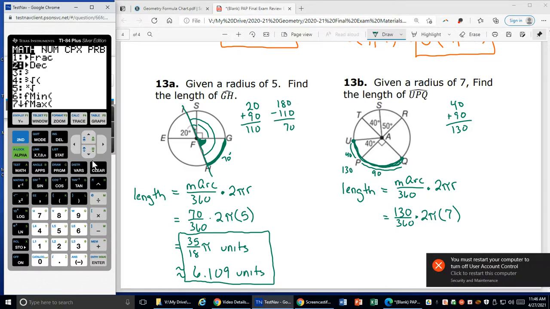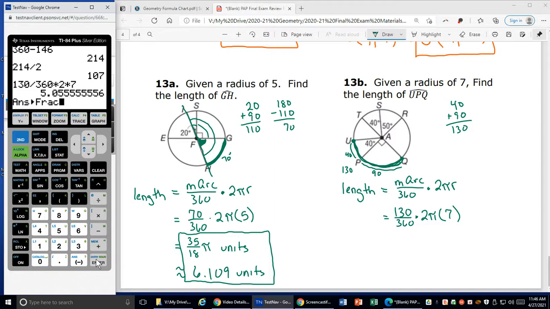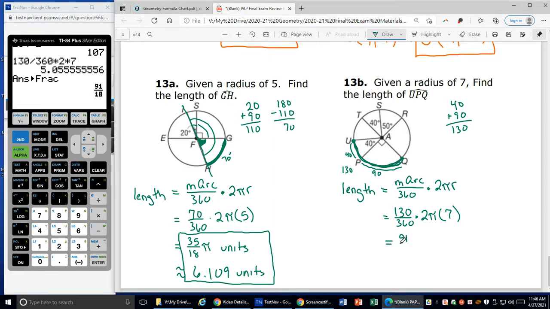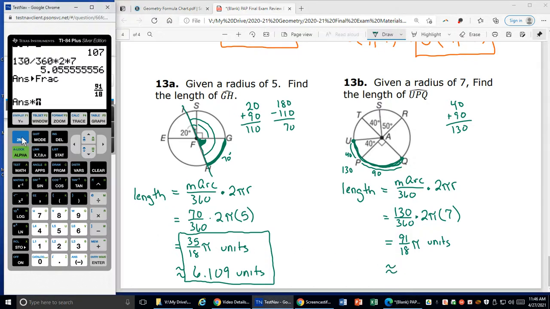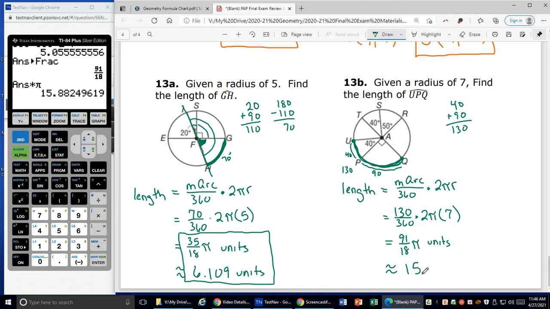Let's make that a fraction: 91 over 18 pi. And I don't know my units, so I'm just going to say units. As a decimal, times pi gives me 15.882 units. There we go. Our exact answer and our approximate rounded answer.